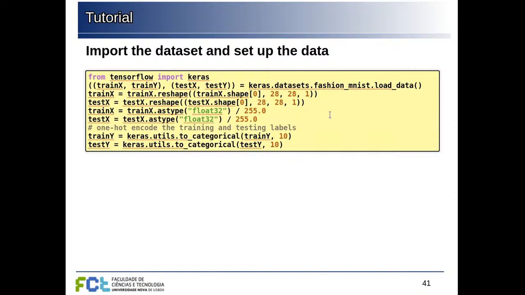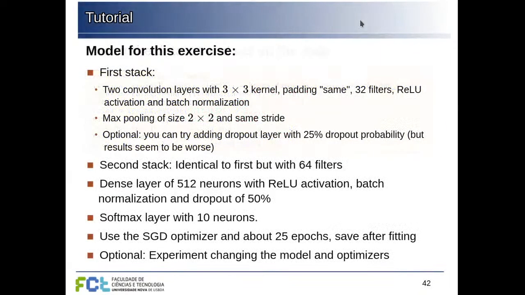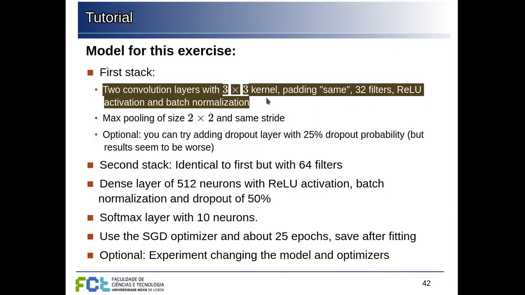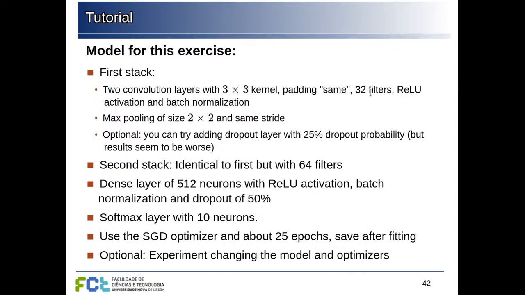So after you do this, you can create your model using the Keras API, those snippets of code that I showed. And the idea is to create a model close to this kind of architecture. If you want to experiment, you can change it, but you're going to start with 2 convolutional layers with 32 filters each, rectified linear unit activation, and you can use batch normalization after ReLU to speed up training.